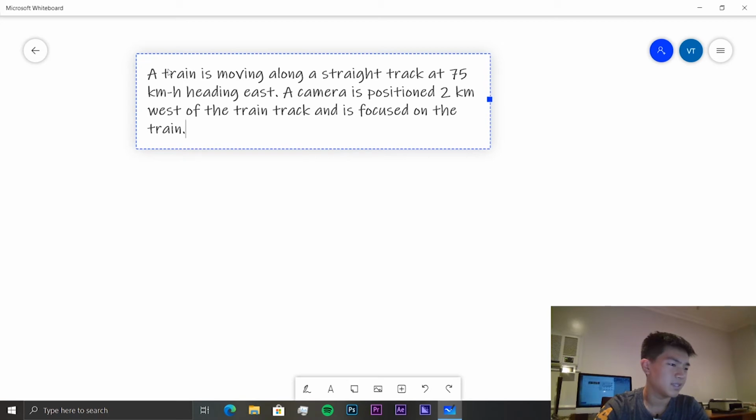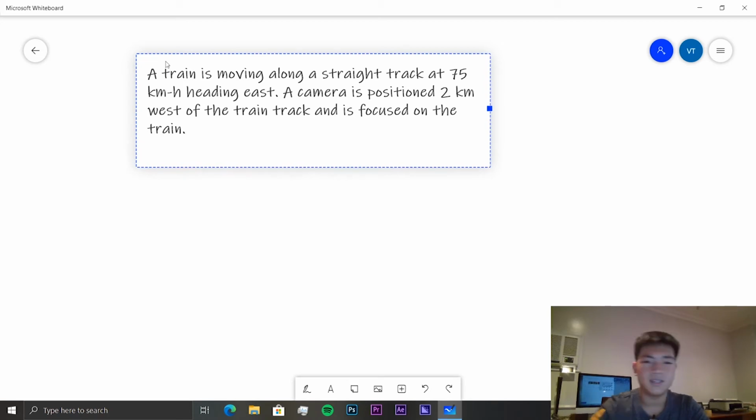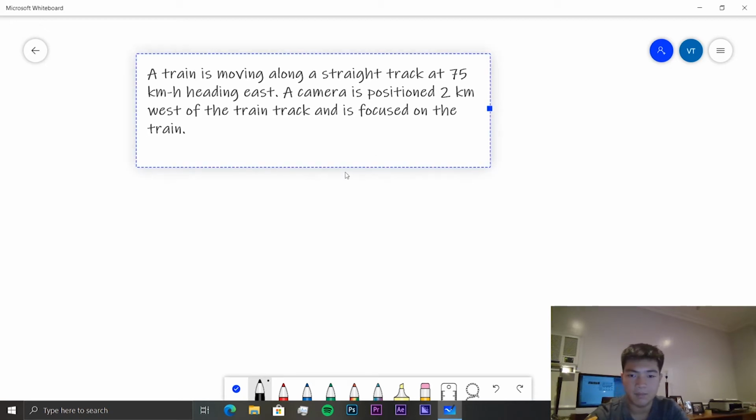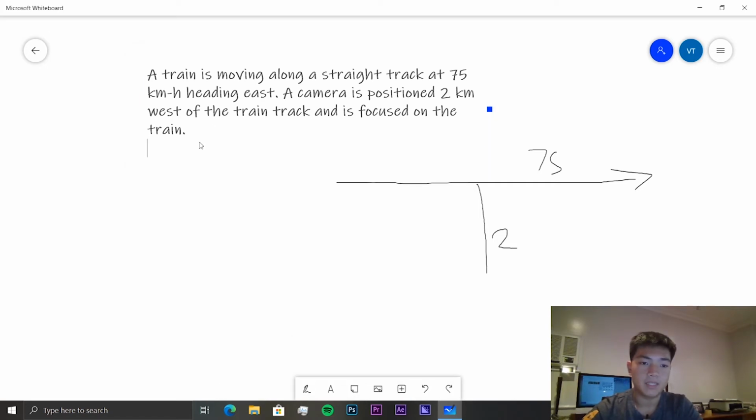What? This question is just not correct, since if the train is moving this way and the camera is directly behind it, since it's west of the train track, which is straight, moving east, so I'm just going to assume it's perpendicular. I'm going to assume they mean that it's perpendicular and this distance is 2 and it's moving at 75 kilometers per hour. Because that seems reasonable.